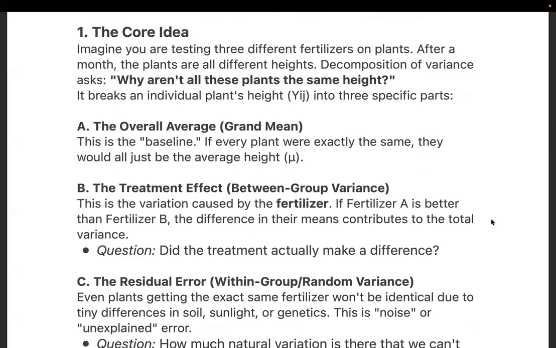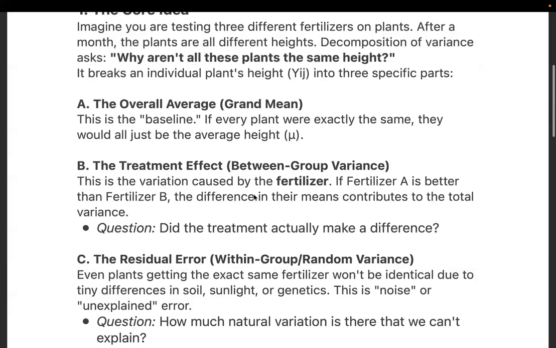Now let's see the treatment effect, which is the between group variance. This is the variation caused by the fertilizer. If the fertilizer actually caused the variance, that will be given by the variance between the groups.